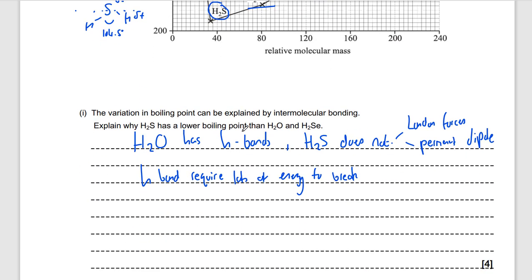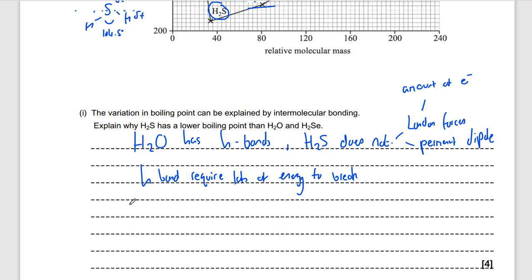And the reason is the other force, it's the London force, because as you go down the group, remember, London forces are related to the amount of electrons, okay? The more electrons you have, the stronger the force. So as you go down the group from sulfur to selenium, you get a stronger London force.